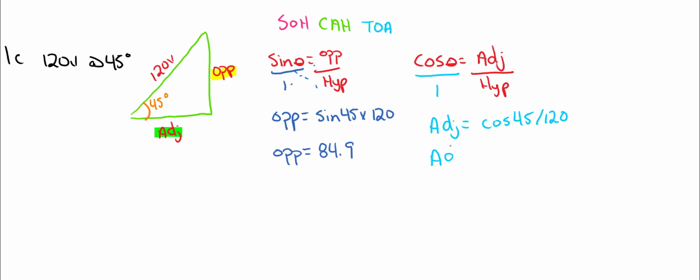The adjacent is equal to 84.9. We can say that if our triangle has an angle of 45 degrees, the adjacent and the opposite will be equal. So their x and y values will be the same. So the x value for this triangle is 84.9. The y value for this triangle is also 84.9.